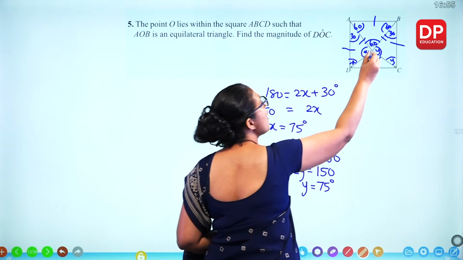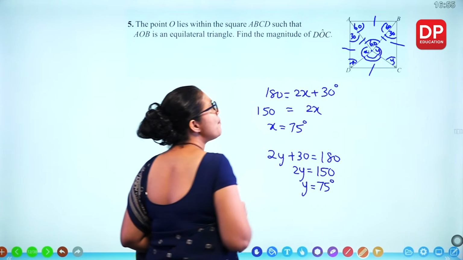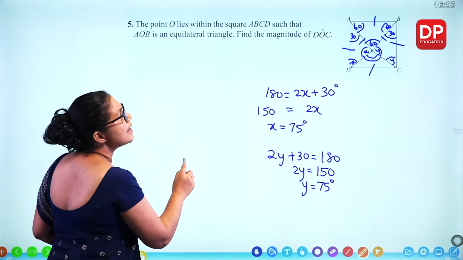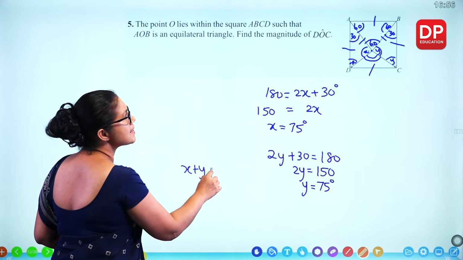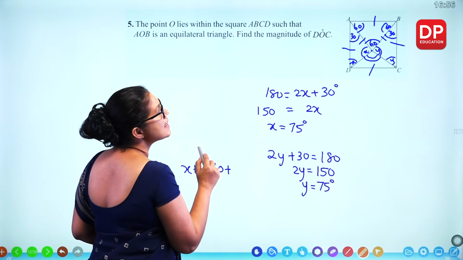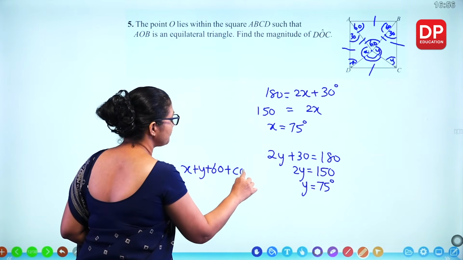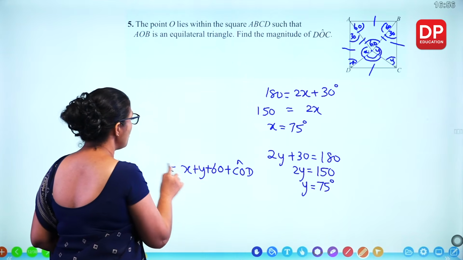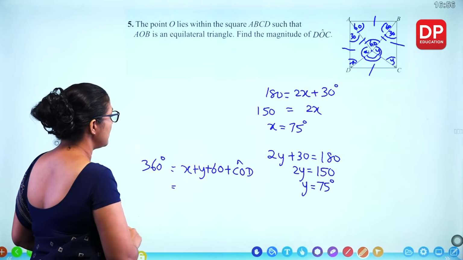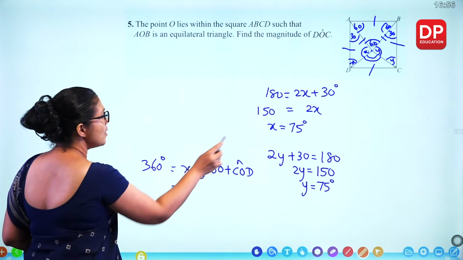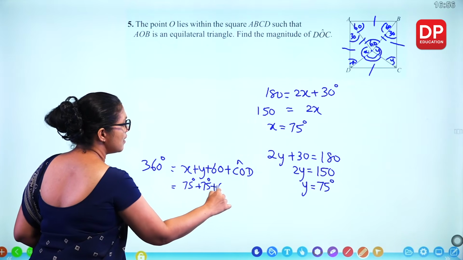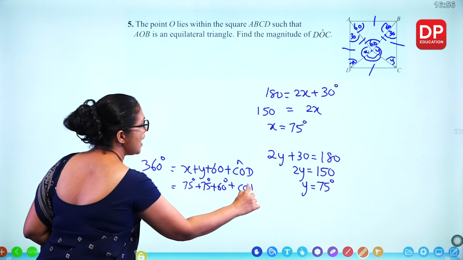So here this is a point. What's the angle around a point? That's equal to 360. So we can write x plus y plus 60 plus the angle we need to find, that's COD, that should equal 360. So what is this angle? We know x is 75, y is 75, and we can add it together.